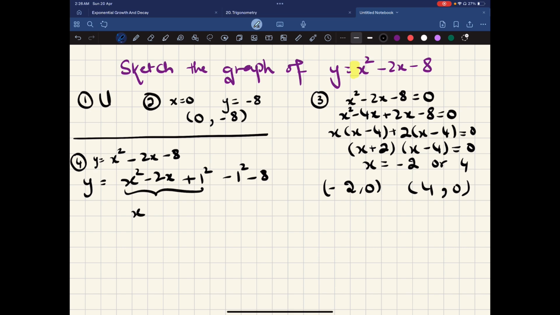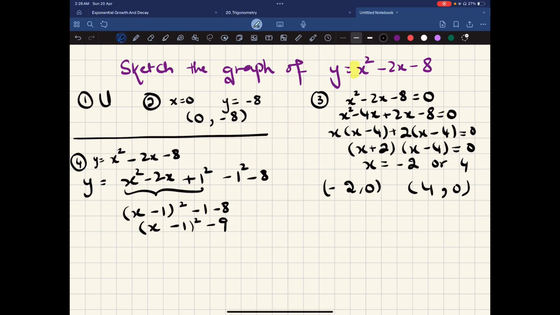This would become (x minus 1) whole squared minus 1 minus 8, which is (x minus 1) whole squared minus 9.